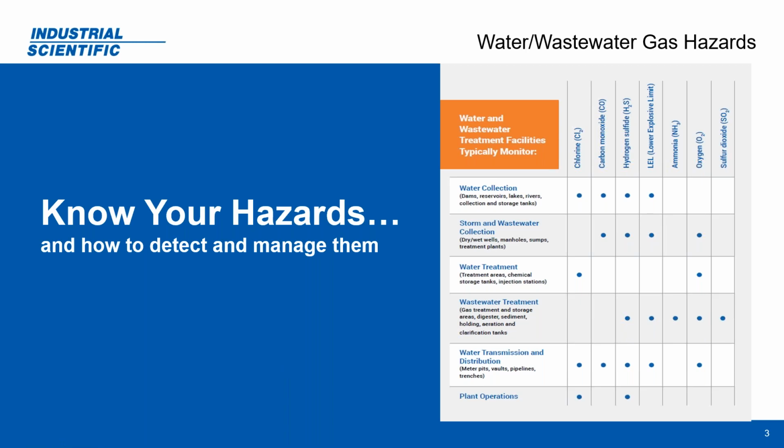Within the water and wastewater industry, there are many gas hazards. This is just an example of some of them and some of the applications that you encounter them in. Chlorine, H2S, combustible gases, ammonia, oxygen, maybe ozone, maybe chlorine dioxide, maybe some others as well, particularly on the wastewater side, where you can encounter just about any gaseous hazard, not knowing or being aware of what may have been dumped into a system.